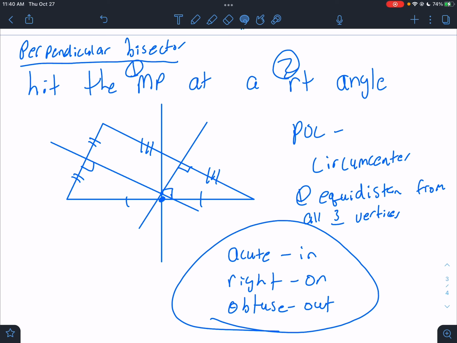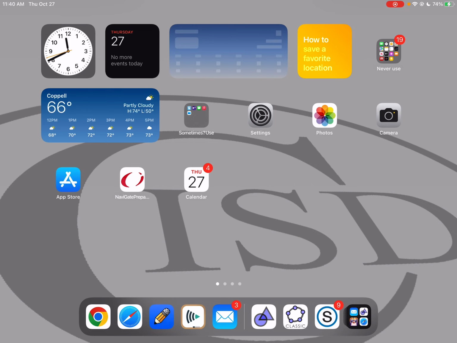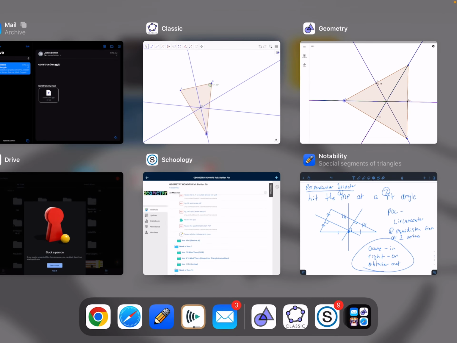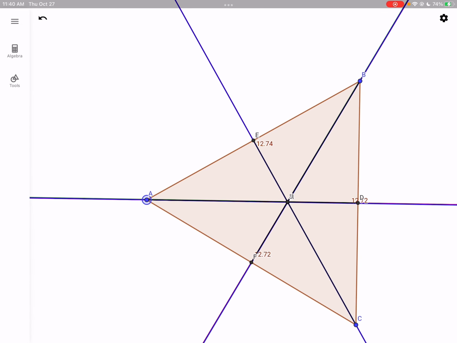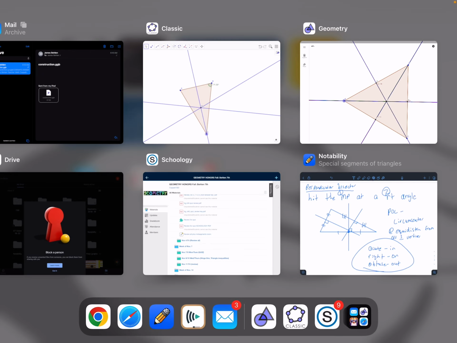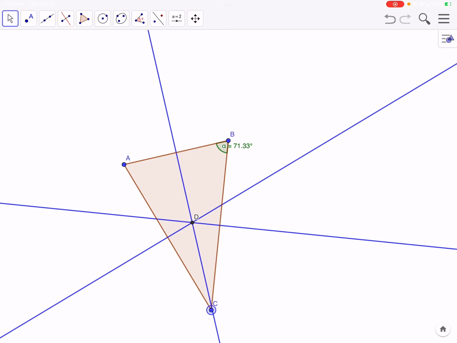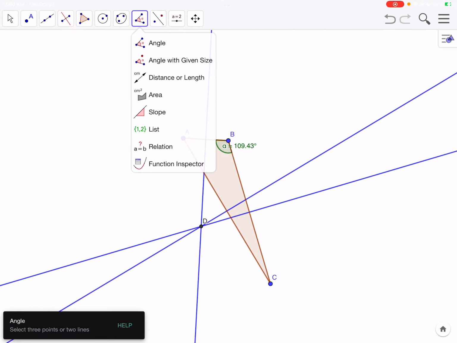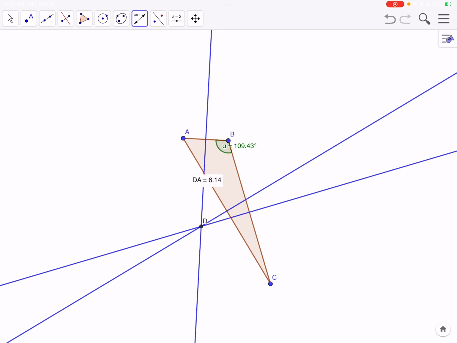All right. But where's the circum part of circumcenter? Well, I told you guys it's equidistant from all three vertices. What does that mean? Well, that means if I find the distance from D to A, the distance from D to B, and the distance from D to C, they're the same number.